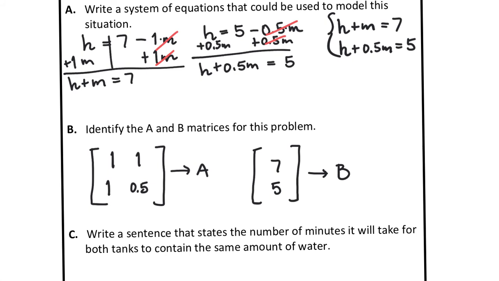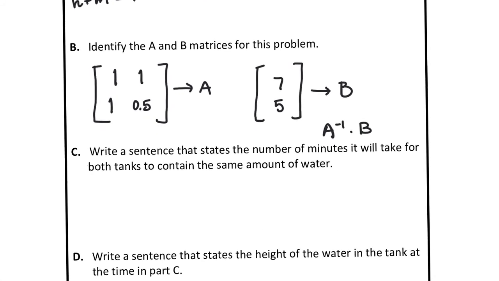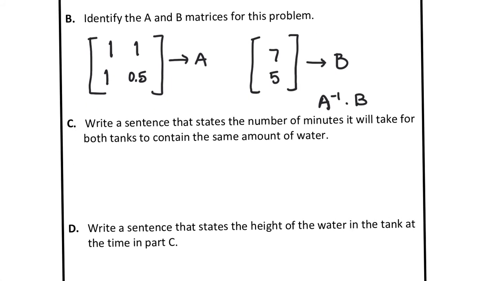Okay. And so in the calculator we would solve, right? We would do A to the power of negative 1 times B. I went ahead and did it already, but I'll show you guys in class what we do again in that case.